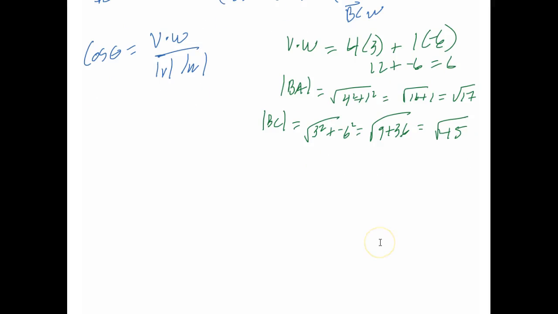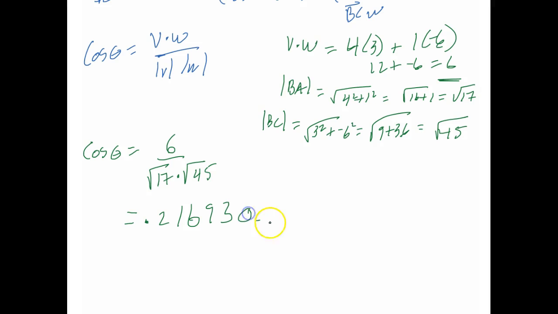Okay, so now we have everything we need for the formula. So I'll plug it all in. So cosine theta equals the dot product, which we found up here to be 6, over the magnitude of the first term times the magnitude of the second one. I just got to put that into my calculator, and I get about 0.21693, blah blah blah.